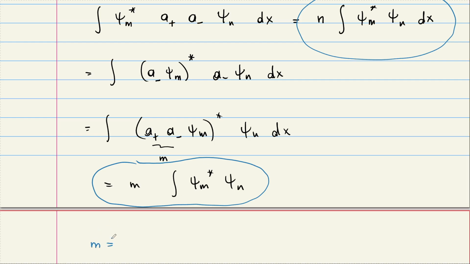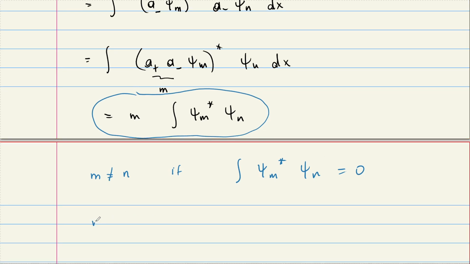If m is not equal to n, the only way this equation can be true is if the integral of psi m star psi n is 0. And if m is equal to n, we already normalized. So let me just write it in compact form. So this is delta m n. And this is our normalization exactly as in the box. Good.